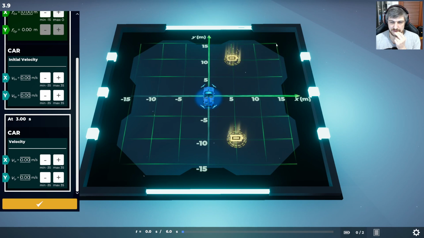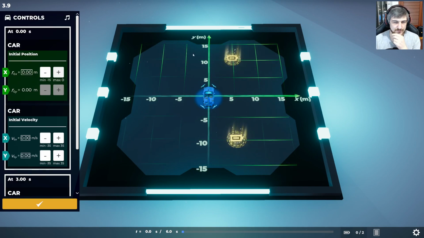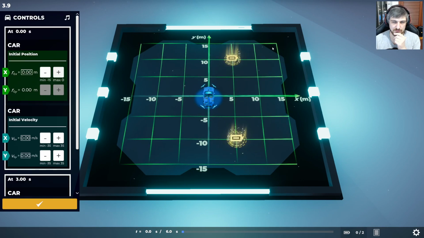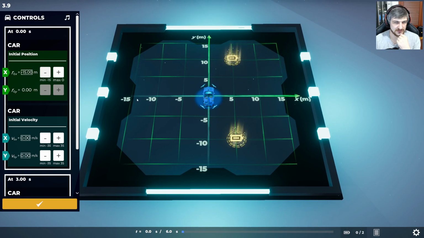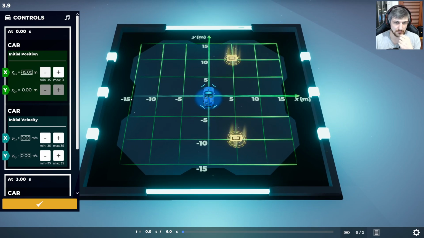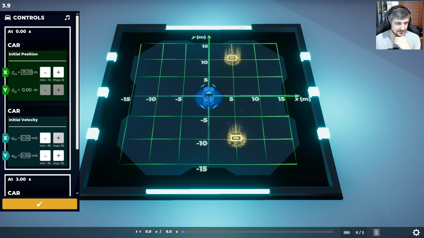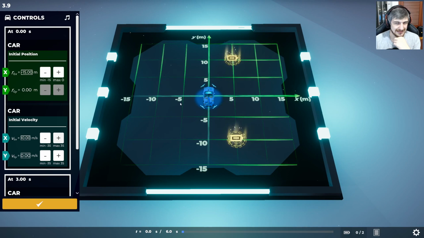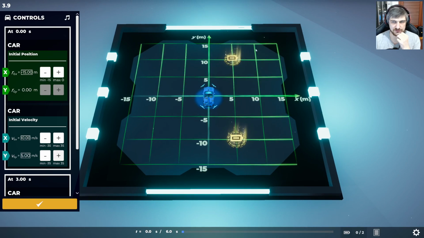Let's first get to this one by going 1, 2, and we'll go up to this top corner. So we're going to start over here. Then we want to move plus 10 on the X and plus 5 on the Y. So we're going to move 1 second, 2 second, 3 second.